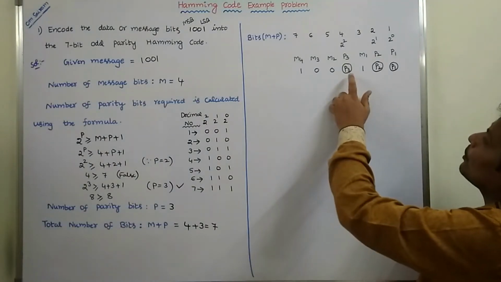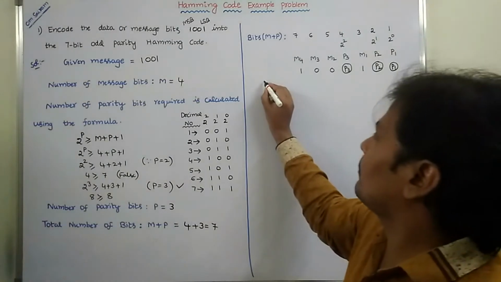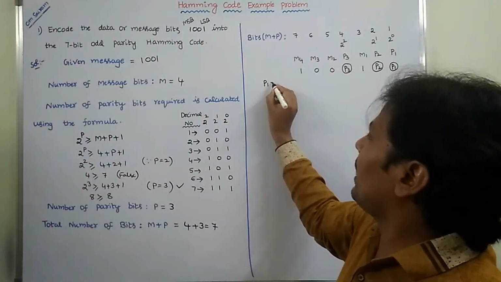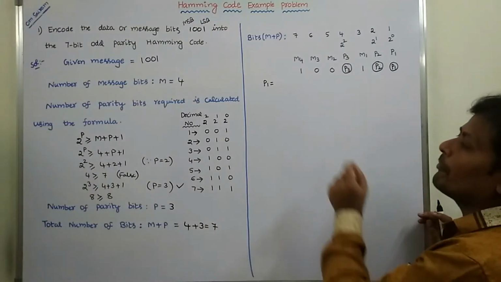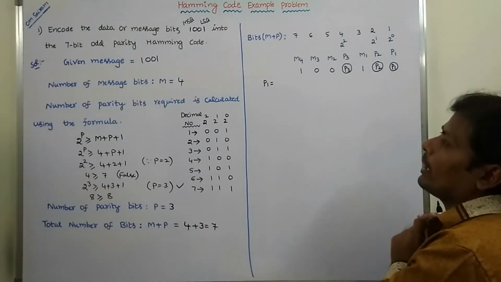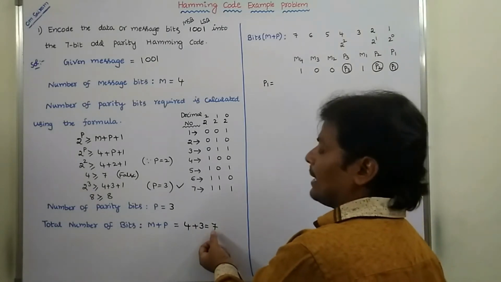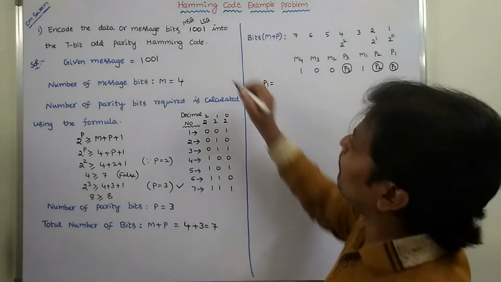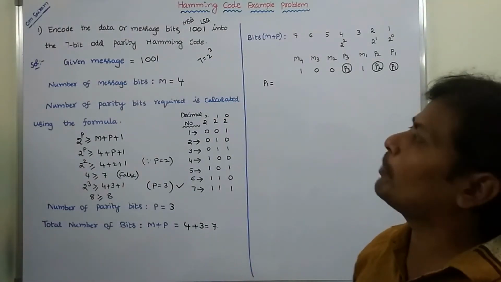Now we have to calculate the parity bit values, that is P1. Before going to this one, how many total number of bits? That is 7. 7 can be represented approximately by 2 power 3.